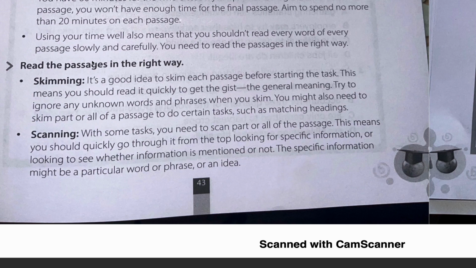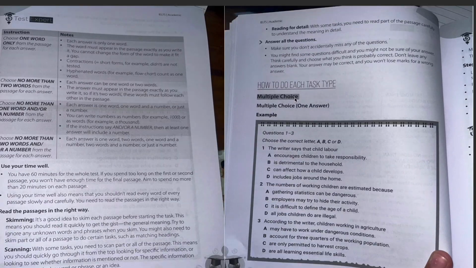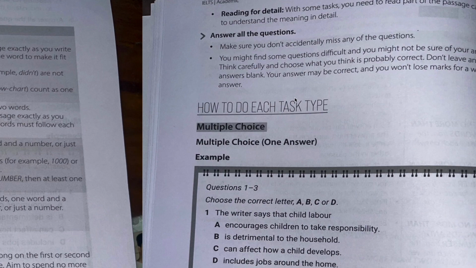Okay, read the passages in the right way. Skimming. Now, what is skimming? Skimming is brushing through the passage. It is a good idea to skim each passage before starting the task. It means that you should read it quickly to get a gist. Okay, and then you can scan, then you read the question and then you look for the specific answers. After that, you can read for detail.